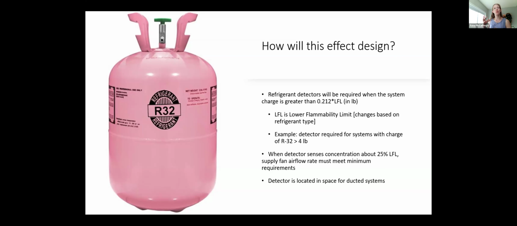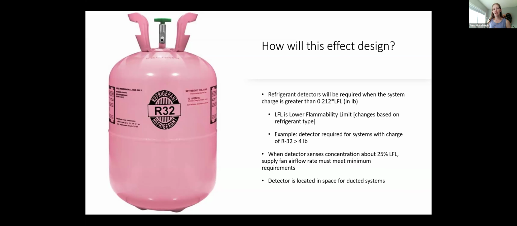For a system with R32, which has a slightly lower LFL than R454B, you are only going to have an allowable system charge of 4 pounds, which is very small. And so you'll be required to have that detection.